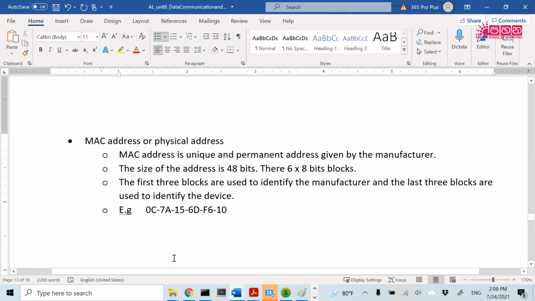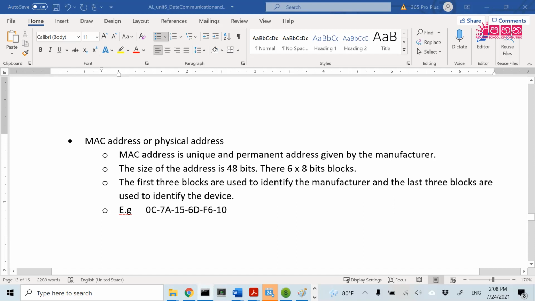Right. Now, before we move on to the next part, we also would like to discuss a couple of things. One thing we would like to discuss is what frames are.